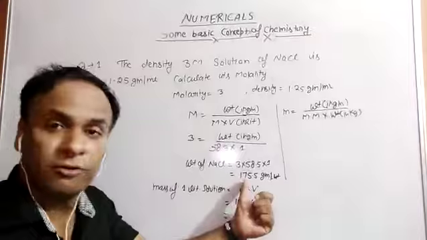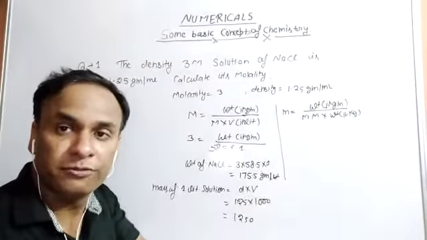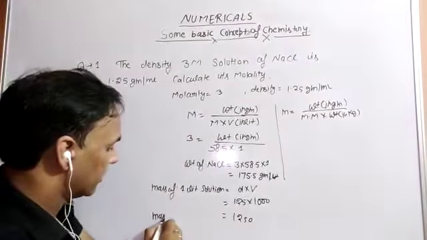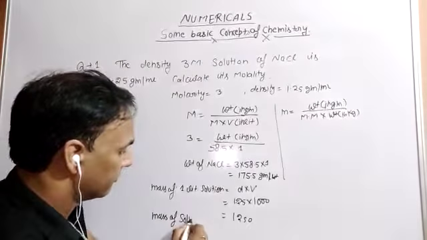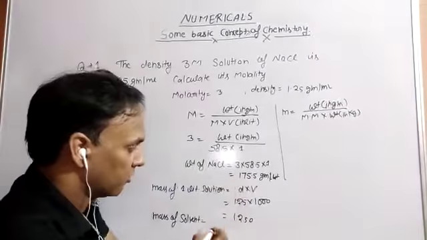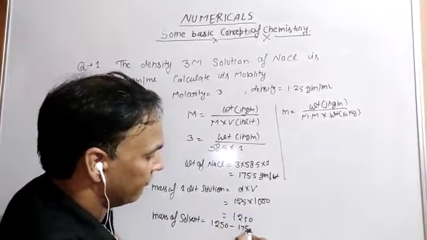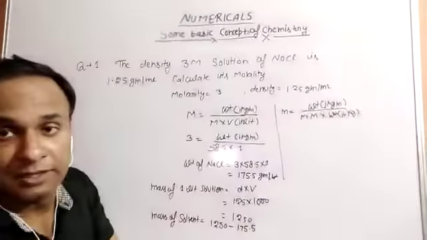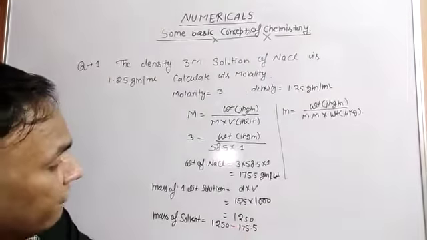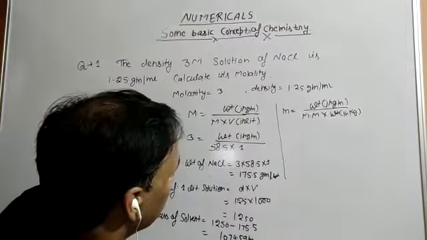Listen, this is the mass of solute and this is the mass of solution, and solution is composed of solute plus solvent. Clear? Now the mass of solvent is mass of solution minus mass of solute, means 1250 minus 175.5, that means 1074.5 gram.